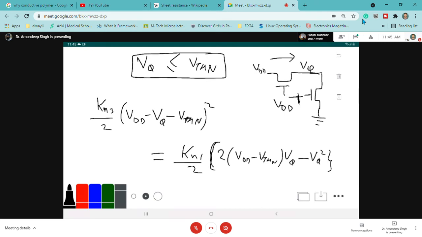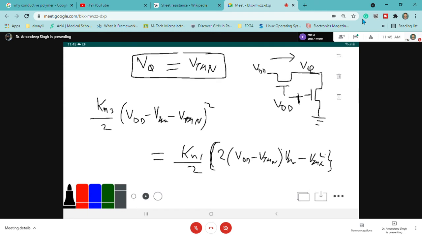We take VQ just equal to V threshold of N. So this will be replaced by V threshold of N, and similarly this will be replaced by V threshold of N whole square.